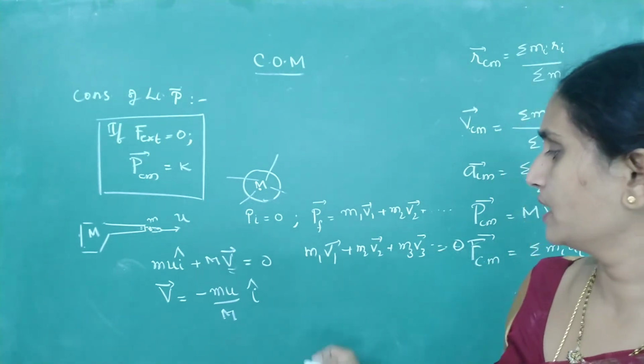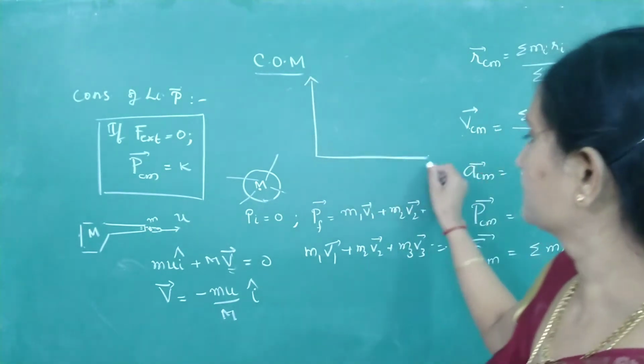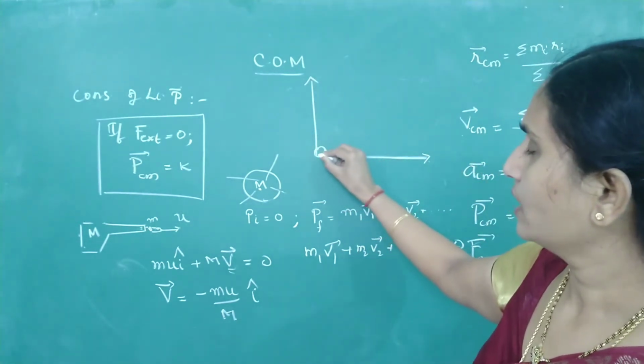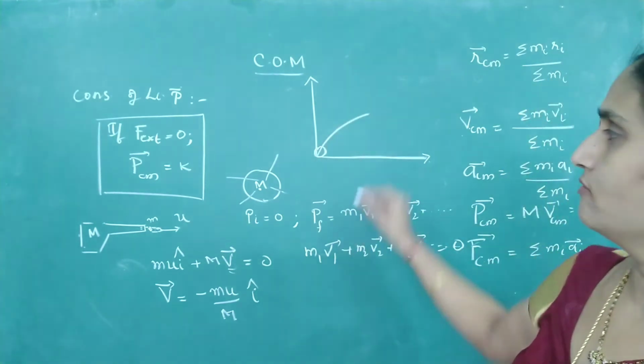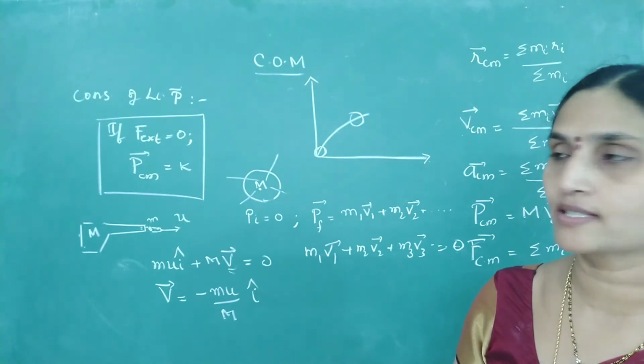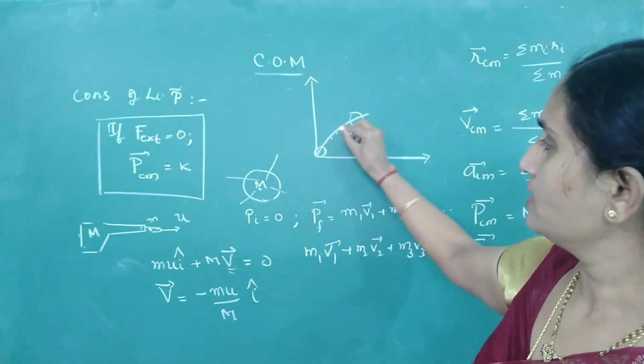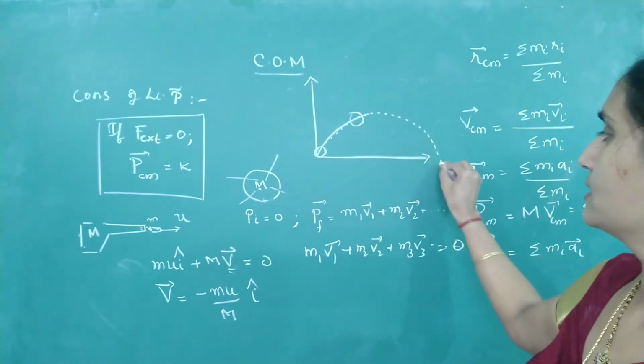One more example I can give you. Say you have projected an explosive. A body is projected, and while traveling it breaks into 2 particles or 3 particles, whatever it is. All the particles may fly off in various directions, but center of mass will complete the parabolic path.